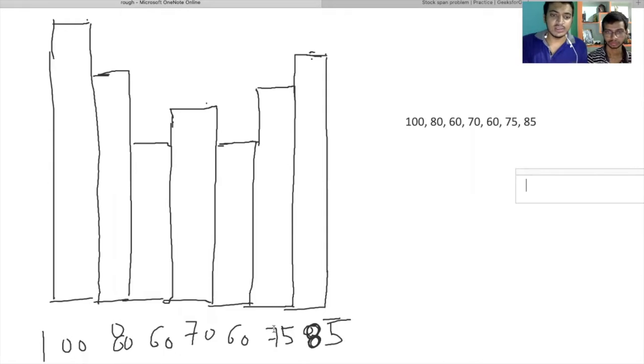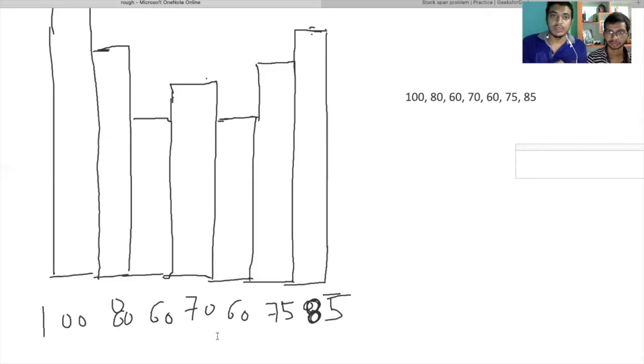It is evident that it is not a leader because 80 and 100 are both greater than 75 and on the left side of it. But you can at least tell how many elements are consecutively less than 75. We have 70, 60, and again 60, so these three elements are less than 75.